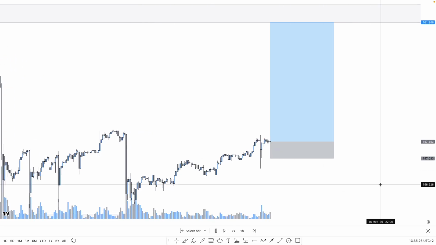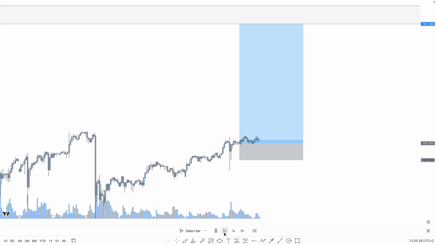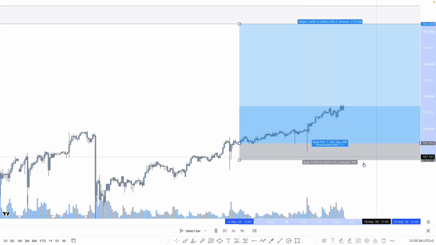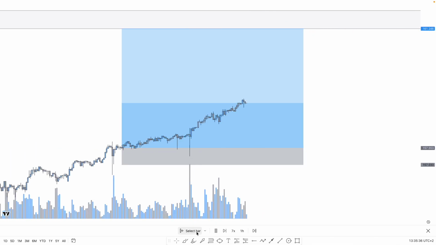But if we let price play out, we can clearly see that we range or hang around at break even for some time, and then price eventually takes off in our direction. Something to note again, when price dips lower, what can we see? So we dipped lower into our entry.